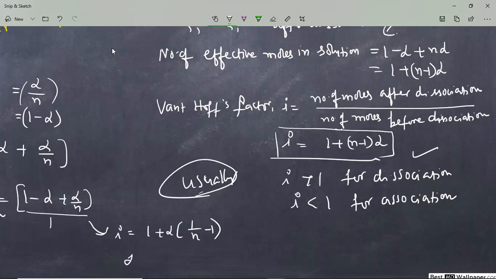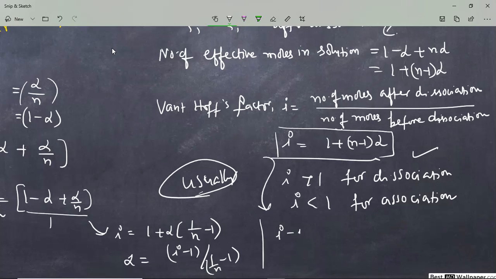Then alpha will become equal to (i minus 1) divided by (1 by n minus 1). Whereas for dissociation, the relation of i and alpha is i minus 1 equals (n minus 1) alpha.